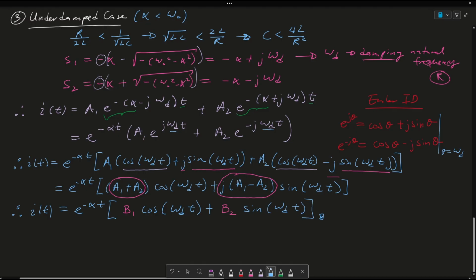And this here is your final solution for i of t, or how your current behaves in an underdamped case for a source-free series RLC circuit.